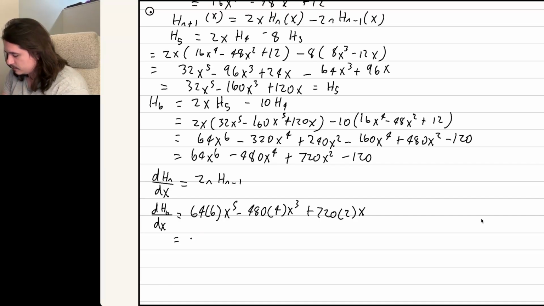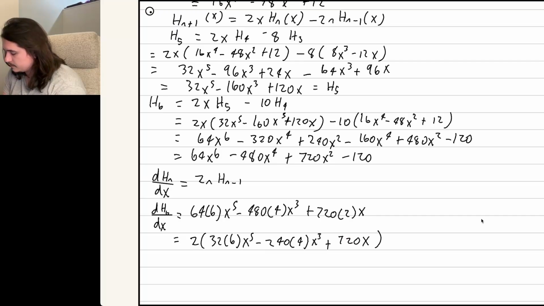just 2 times 32 times 6x^5 minus 240 times 4x cubed plus 720x. And then also presumably we'll be able to factor out 6 from all that.